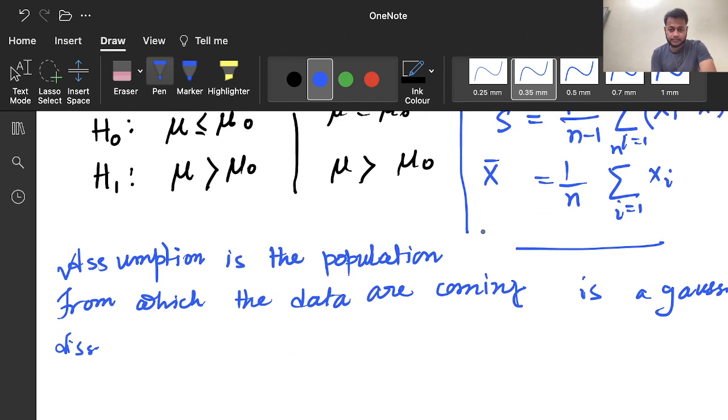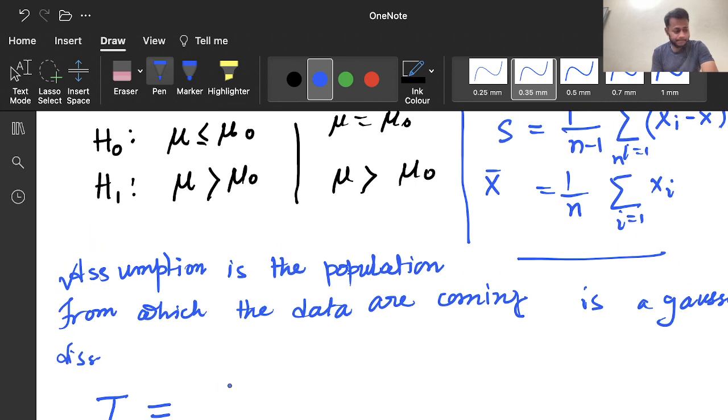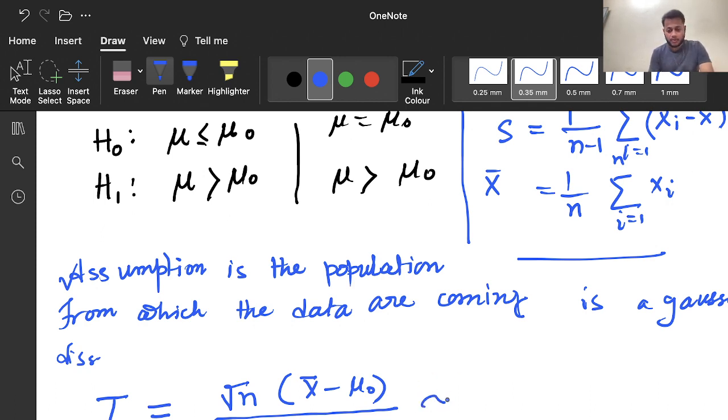So then the distribution of this test function, root n (x bar minus mu 0) by s, will follow a t distribution with degrees of freedom n minus 1.